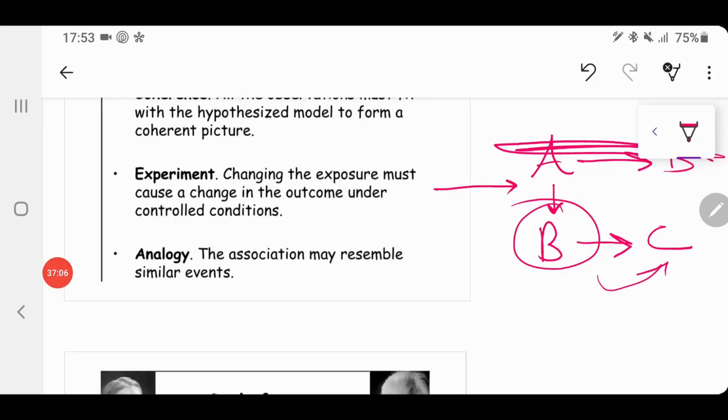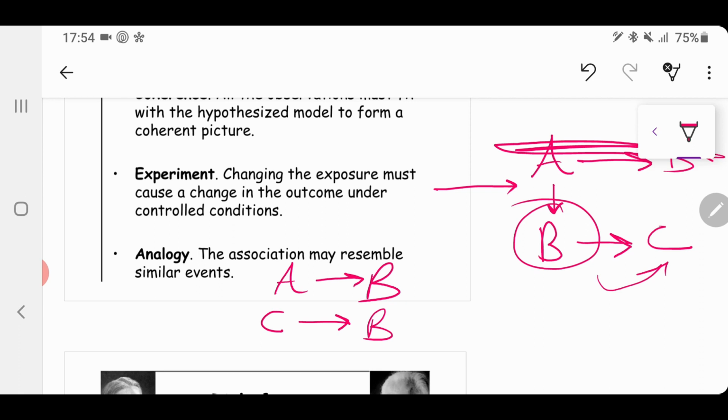So what I was trying to say here is that the association between A and B may resemble maybe another factor. Maybe C may cause B and A may cause B. So they're similar, the associations here are similar.